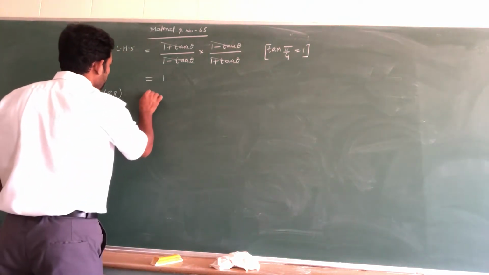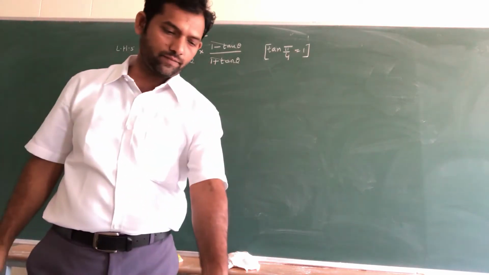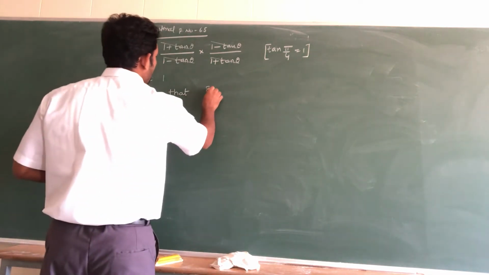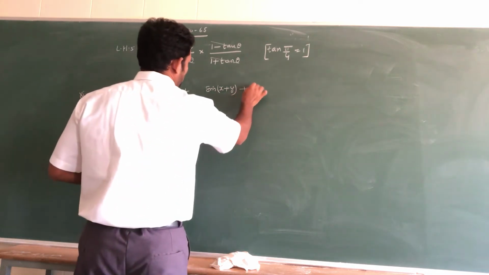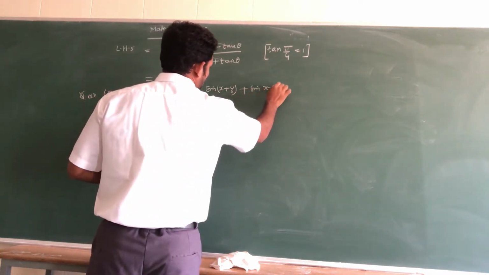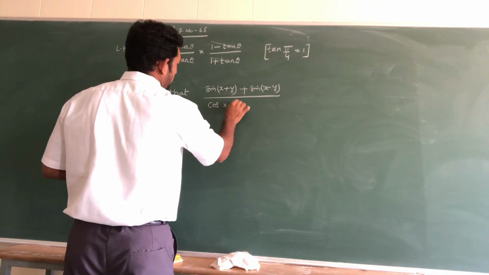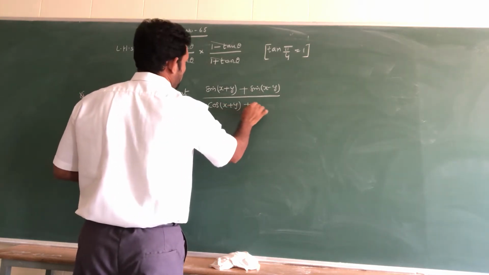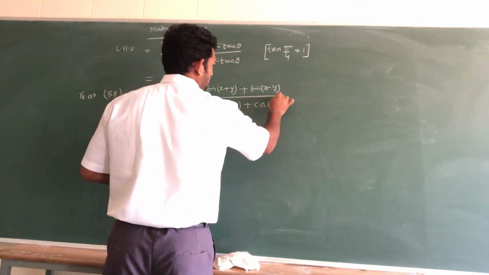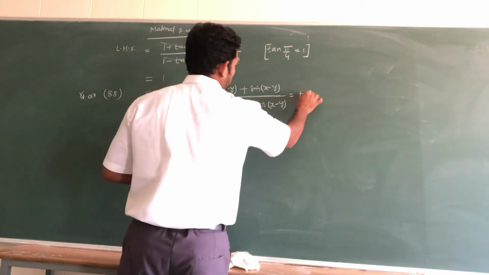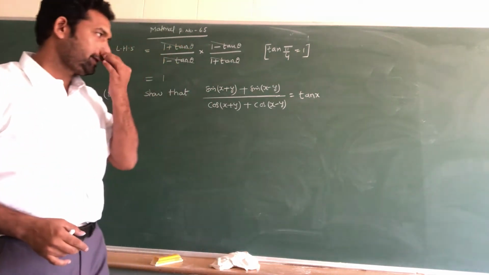Show that (sin(x plus y) plus sin(x minus y)) divided by (cos(x plus y) plus cos(x minus y)) is equal to tan x.